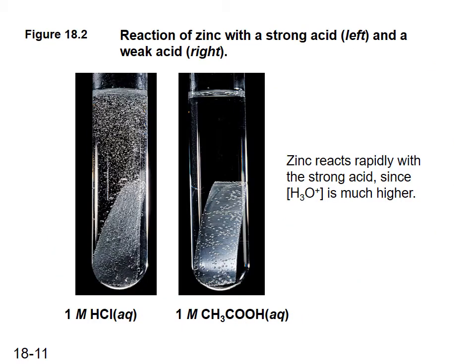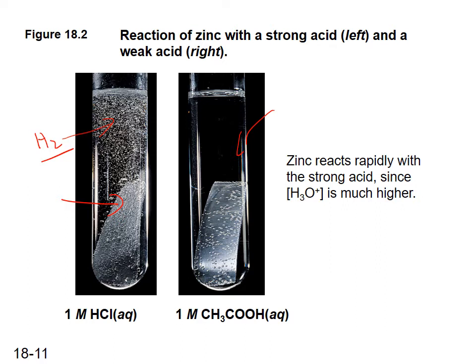When a metal such as zinc is placed inside a strong acid, a lot of bubbles come out. These bubbles are the hydrogen gas generated by the reaction between the acid and the metal. For a weak acid, on the other hand, you can see only a very small amount of bubbles.